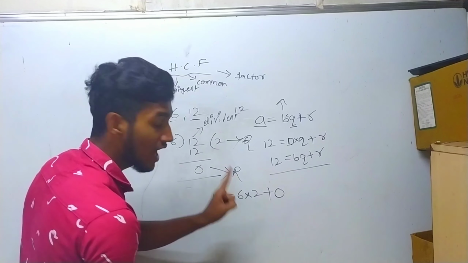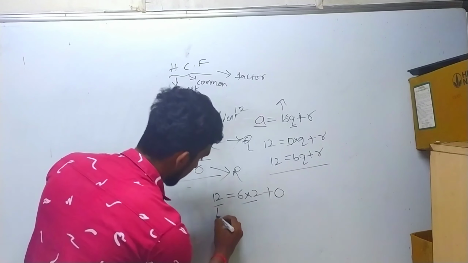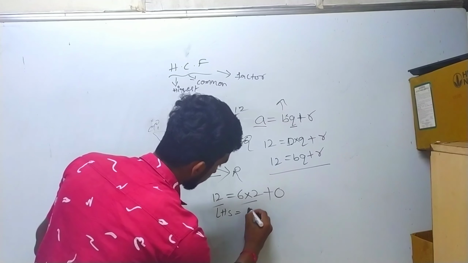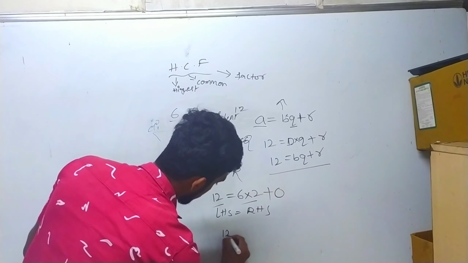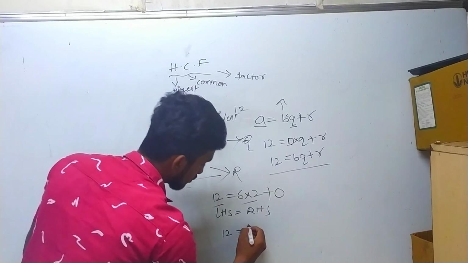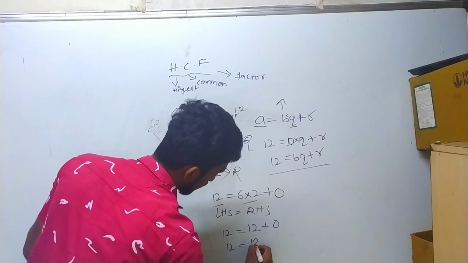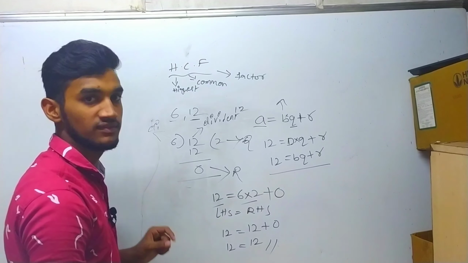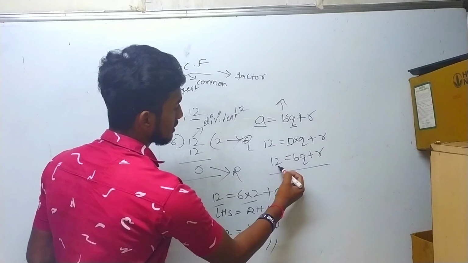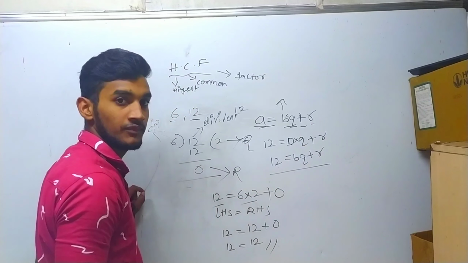Then we have to check LHS equal to RHS. So 12 = 6 into 2 = 12 plus 0, so 12 = 12. So this is the way we do the HCF. The formula is A = BQ + R.